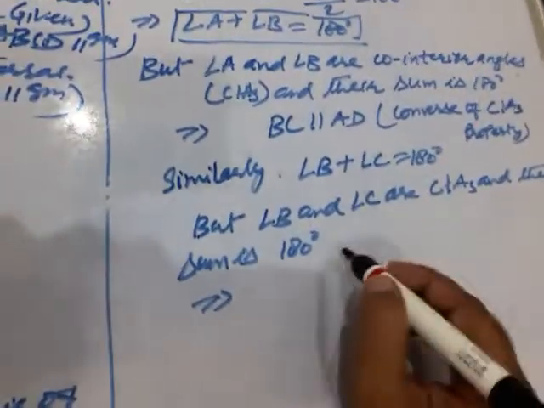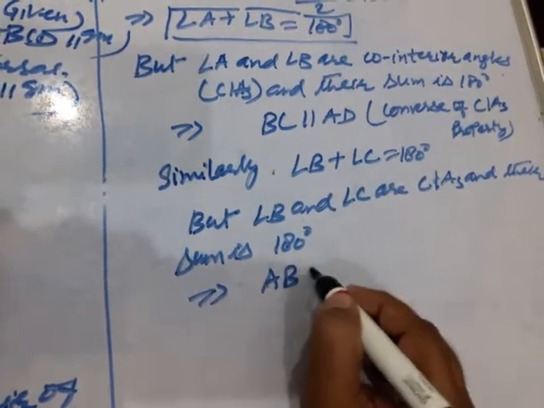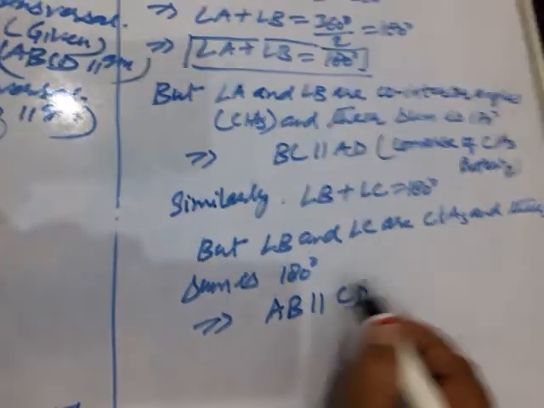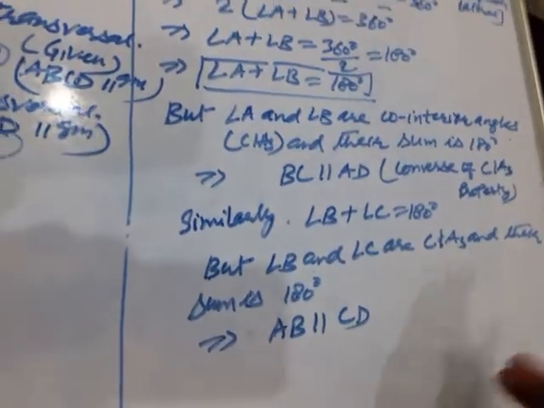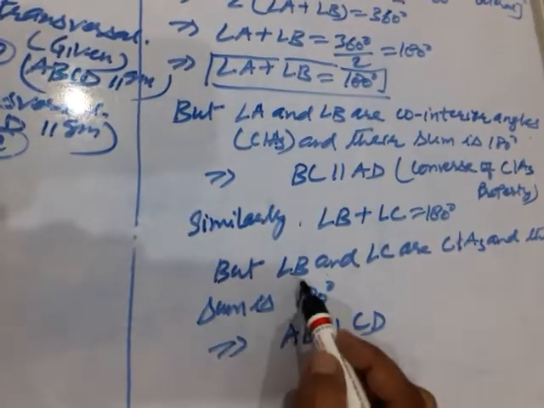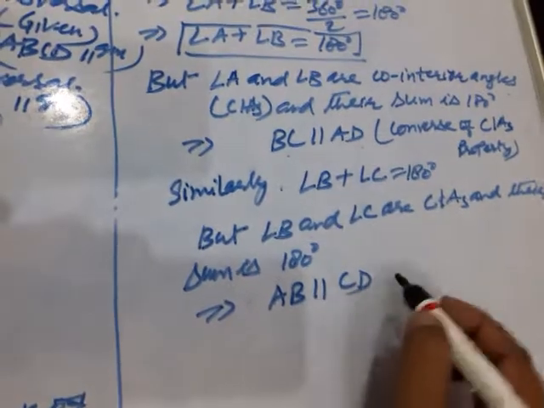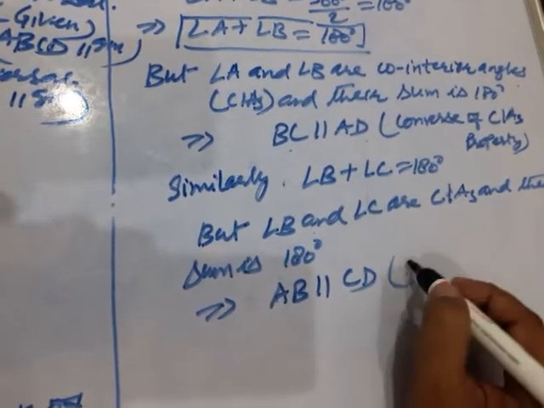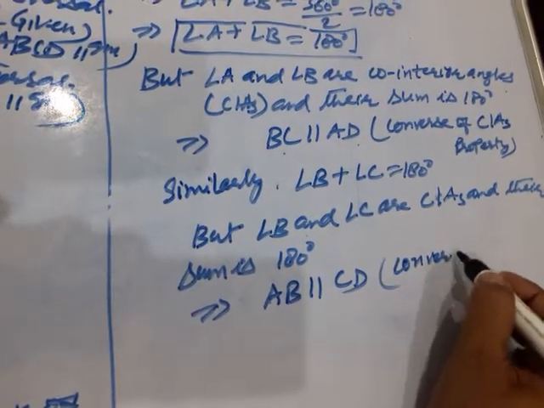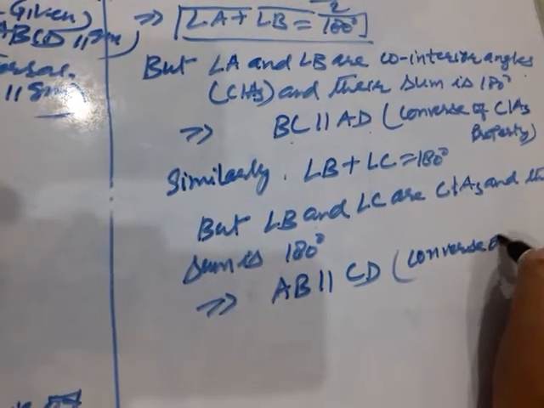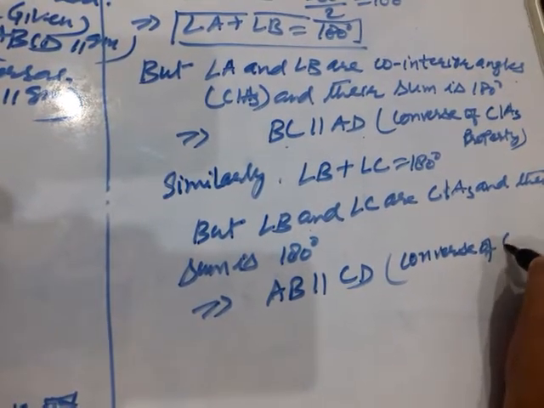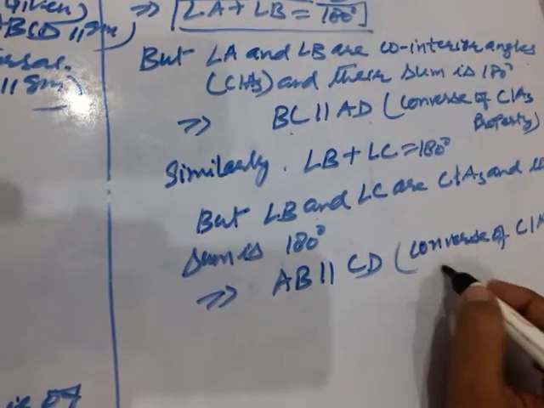This implies that AB is parallel to CD. Here BC is parallel to AD, and here AB is parallel to CD. Again, what is the property? Converse of consecutive interior angles property.